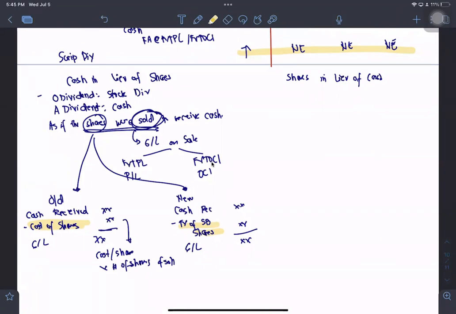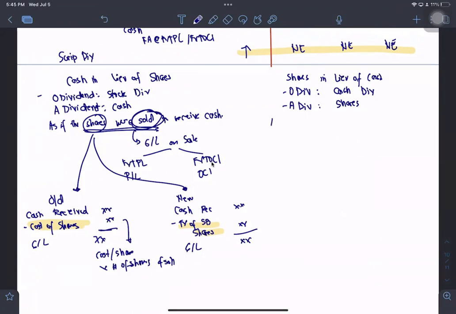How about if that is a share in lieu of cash? In share in lieu of cash, the original dividend is in the form of a cash dividend, but what is actually received is the amount of shares.